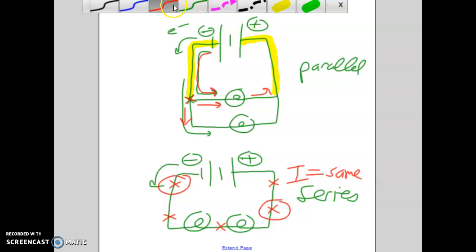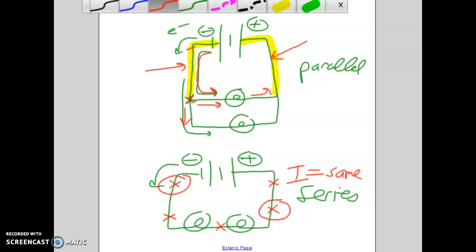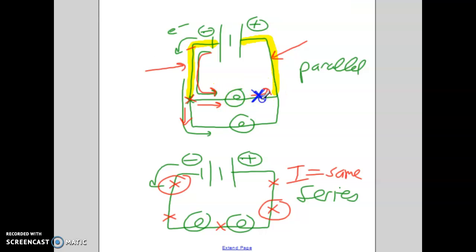So in this area and this area, the current will be the same because the electrons are all together. However, if you were to measure the current here, it is going to be different than if I measure the current here. They will not be the same because it's a different number of electrons.